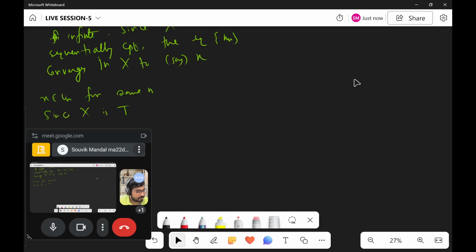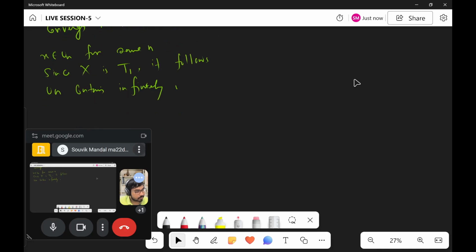Since X is T1, it follows Un contains infinitely many elements of xn. But we know none of the xk with k greater than n are in Un, which is a contradiction.